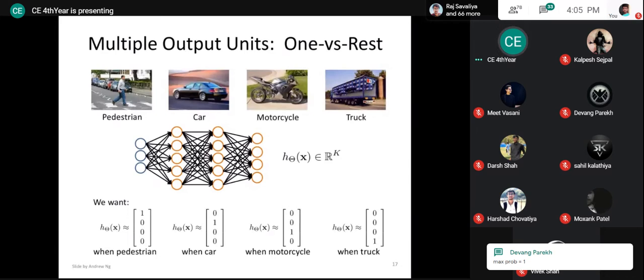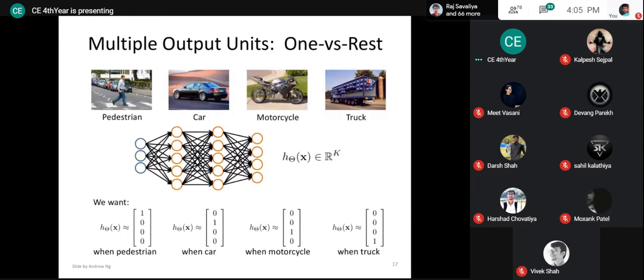Yes, correct, Devang. Wherever there is a maximum probability, consider it as a 1 and set the remaining to 0. Whenever you set something to 1, that means the neural network has classified the given image as that value. For example, if your output is 0100, where the second value is 1, which represents a car, then the classification result is car.